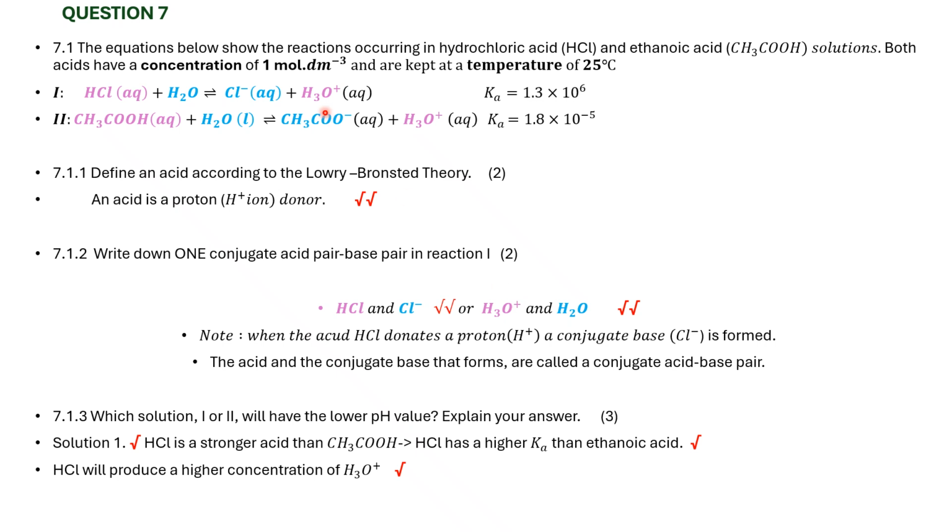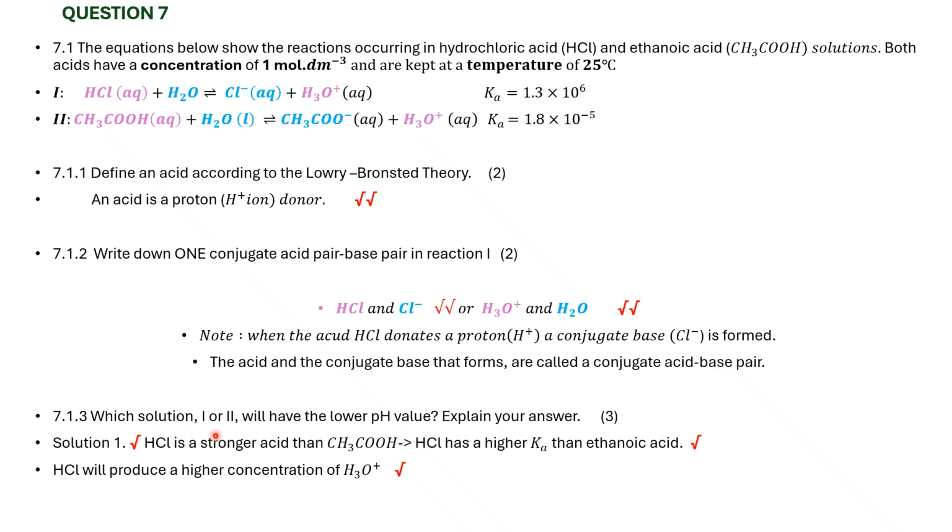Or hydronium and water: H2O accepts the hydrogen, and there it donates the hydrogen, so base to acid. Conjugate acid base pair. So note, when the acid HCl donates a proton, a conjugate base Cl minus is formed. An acid and the conjugate base that forms are called a conjugate acid base pair.